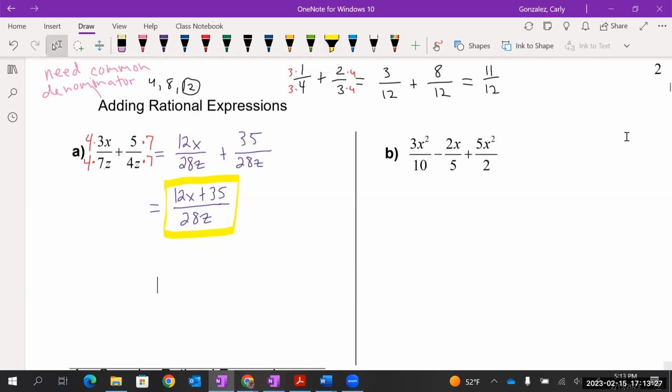And notice that even though the 35 and the 28 normally could be reduced by 7, in this case we cannot reduce those, because the numerator has addition in it, and we cannot cancel addition over division. So that is our final simplified answer.